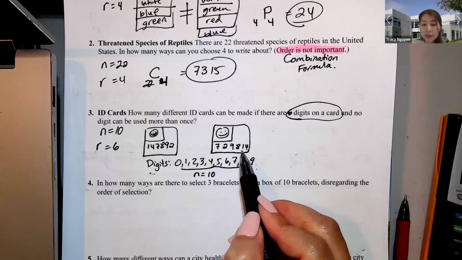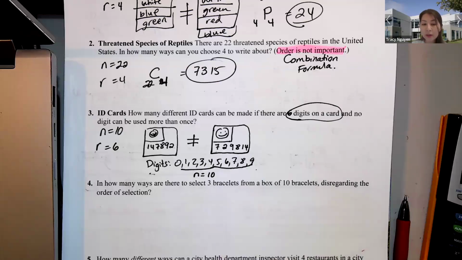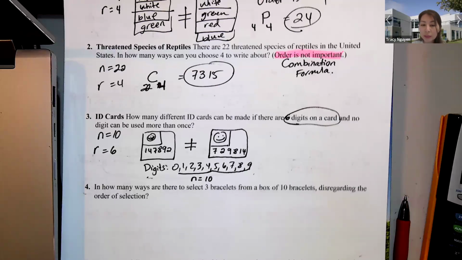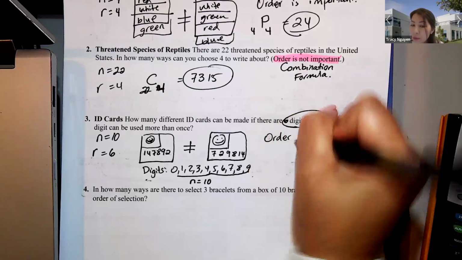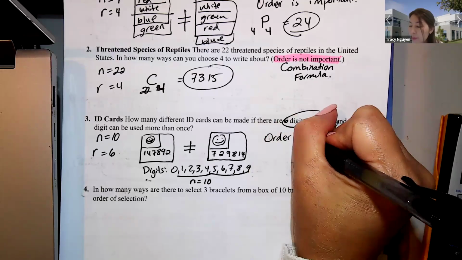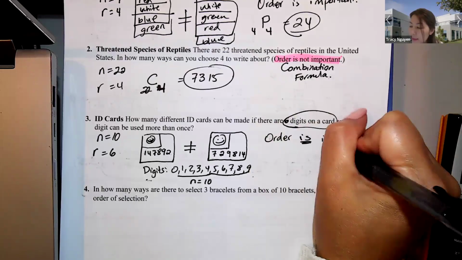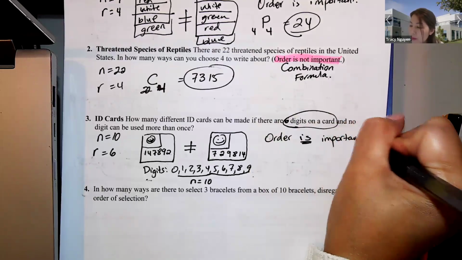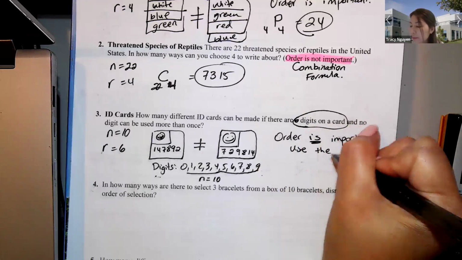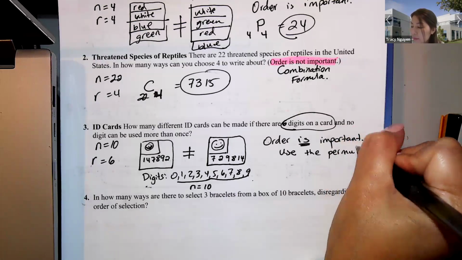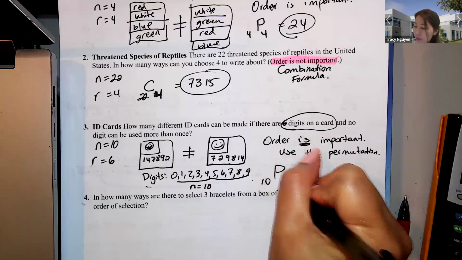Do I have a different ID number here? The answer is yes. So these two ID numbers are completely different. That tells us, even though the problem does not say whether order is important or not, we're able to draw a conclusion: order is important. Because order is important, we're going to use the permutation formula to solve. So it's permutation of 10 to 6.